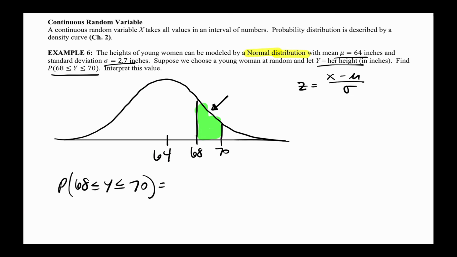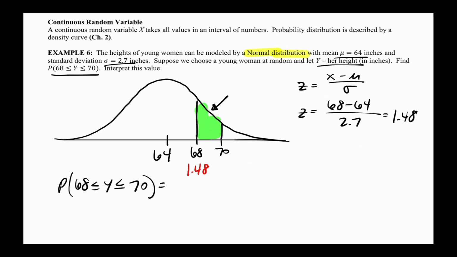I'll do 68 first. 68 minus 64 divided by 2.7. I get 1.48. That's the Z-score for 68.